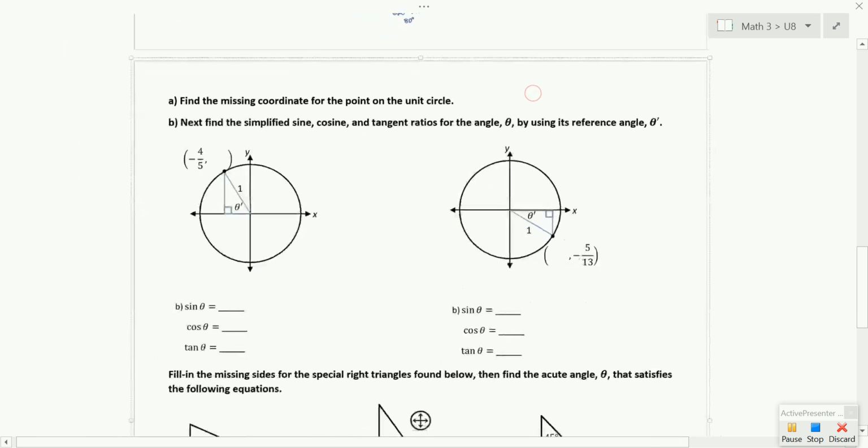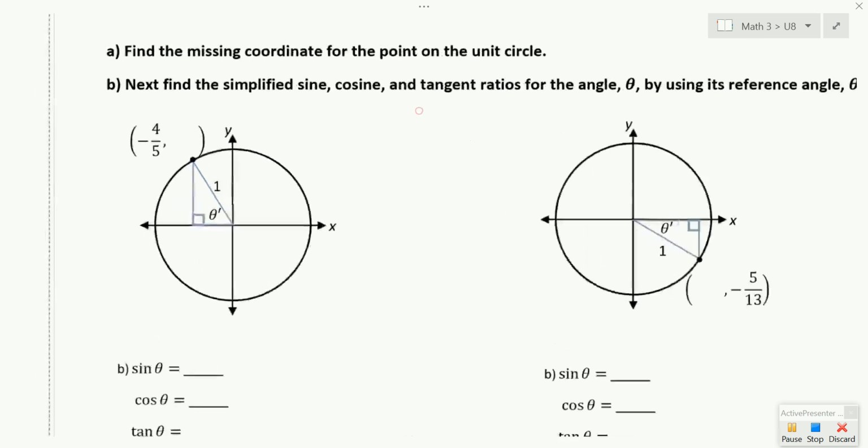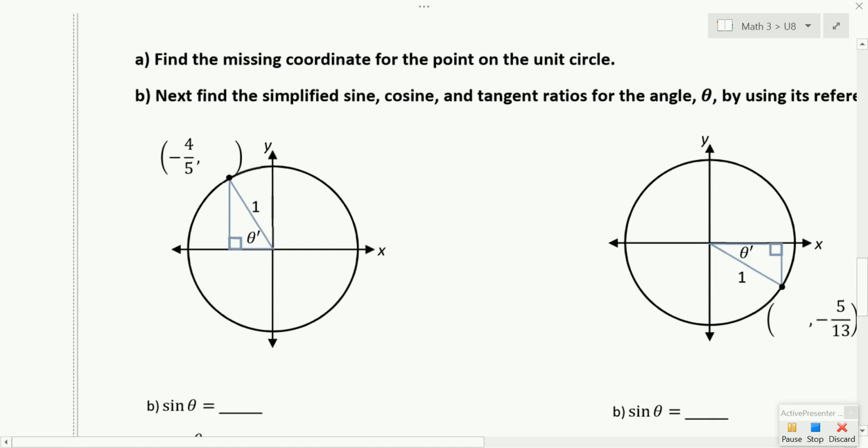Okay, so part A, we want to find the missing coordinate of the point on the unit circle. So as we said before, when you have a triangle drawn in the xy coordinate axes, the x value is your base length.